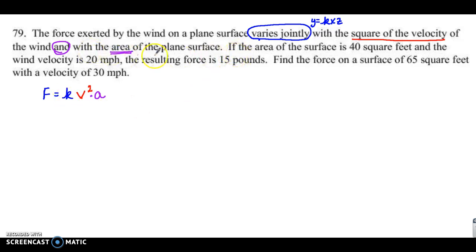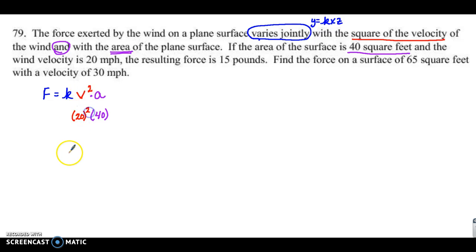First, they tell me that the area of the surface is 40. So my area, A, is 40 square feet. So in place of A, I can put a 40. And the wind velocity is 20. So my V is going to be 20.